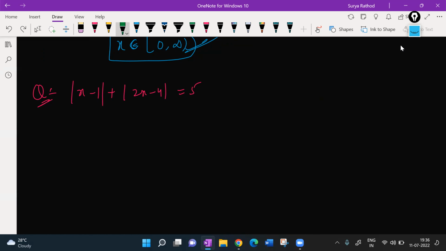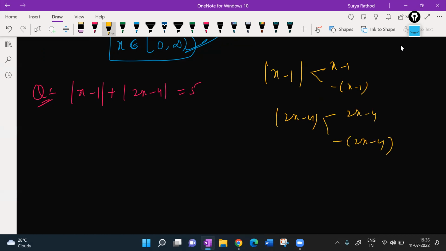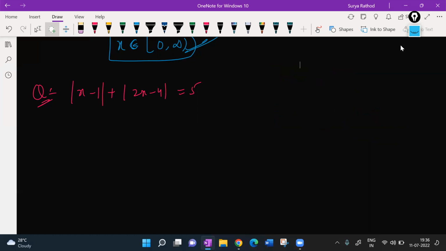Actually, this type of question you can solve in two ways, beta. Modulus of x can be split like this: plus x and minus x. And modulus of this can be split in two ways again: 2x minus 4 and negative of 2x minus 4. By considering the definition of modulus, how many cases will I get? I'll get 4 cases: plus plus, plus minus, minus plus, minus minus.